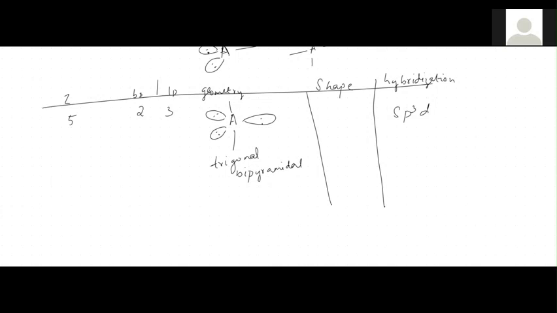Now coming to shape, suppose this is the molecule. If I hide the lone pairs, what kind of shape is it giving? Linear.